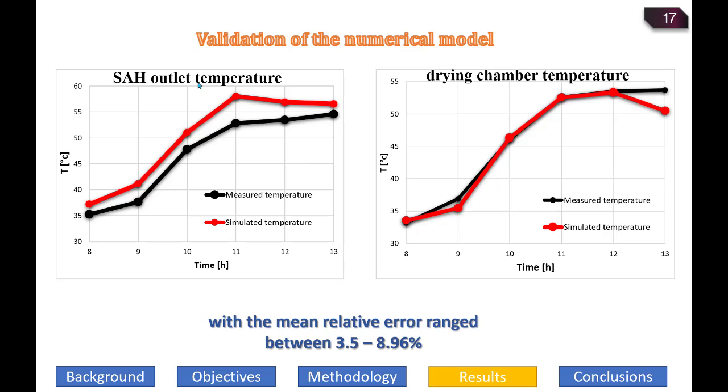To validate the reliability of the CFD model, the results of numerical modeling are compared with those obtained experimentally. A good agreement between the predicted and the experimental values is observed, with the mean relative error ranging between 3.5 and 8.6%.